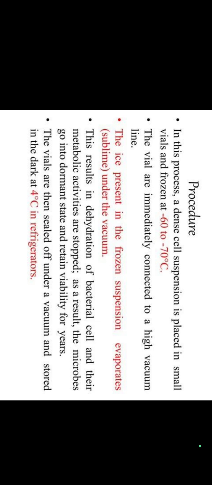This results in dehydration of bacterial cells and their metabolic activities are stopped. As a result, the microbes go into a dormant state and retain viability for years. The vials are then sealed off under vacuum and stored in the dark at 4 degrees Celsius in refrigerators.